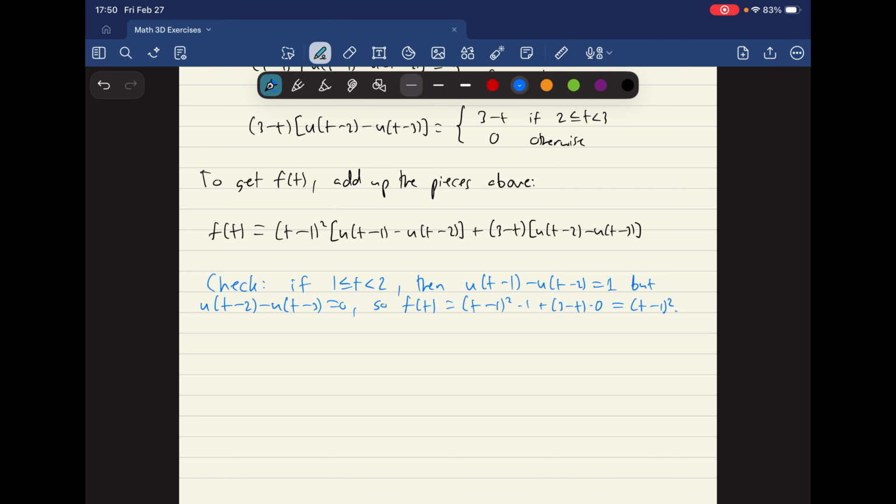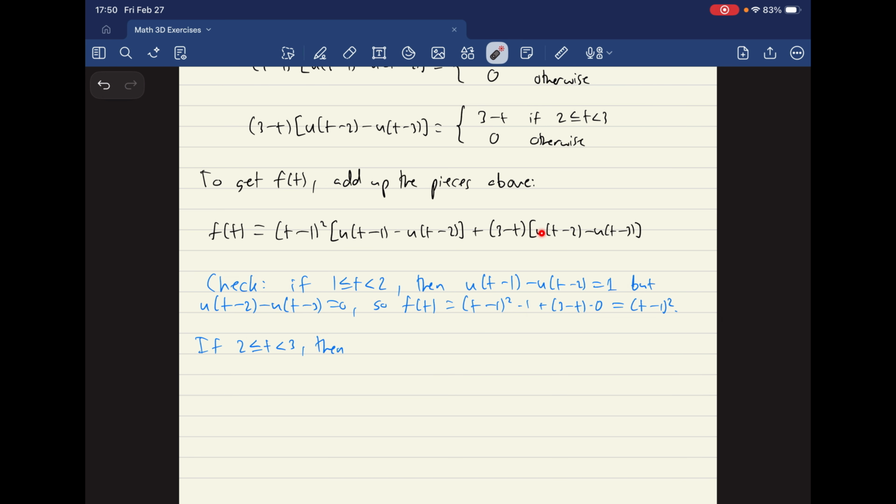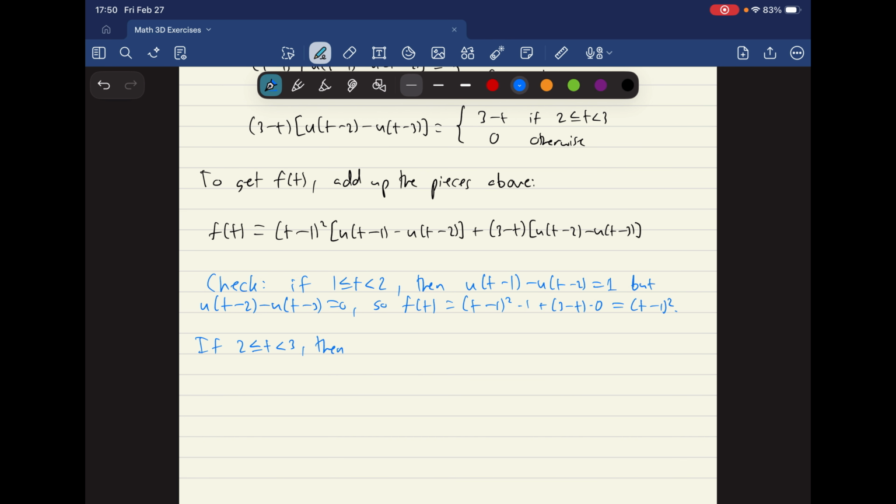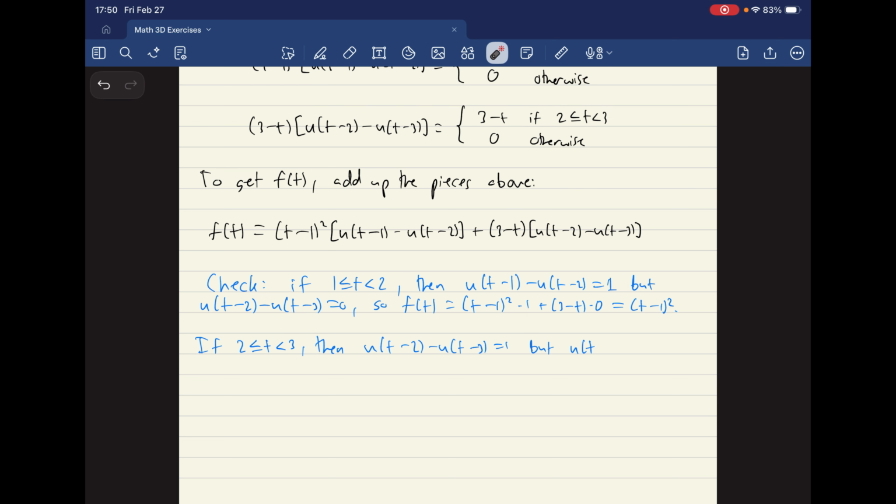Similarly, if we have t between 2 and 3, then now it's this part that is 1. But the other part, this one right here, is going to be 0, because if t is in this interval, then t is bigger than or equal to 2. So t cannot be less than 2, and in particular, it cannot be in this interval.